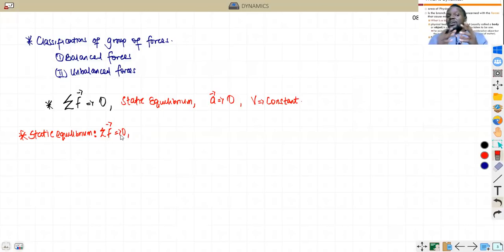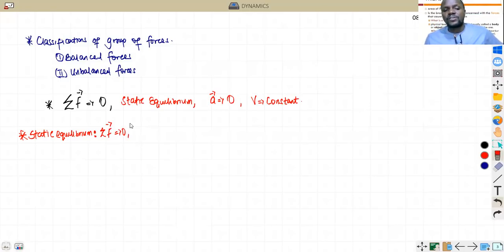Now, there may be forces acting on a body. In some cases, the forces acting on the body might be more than 2. What you need to understand is that in physics, there are different laws and formulas. That is why whenever you are in a class like this, an online class, you have to keep down a note. You have to write down something that will make you understand it very well.